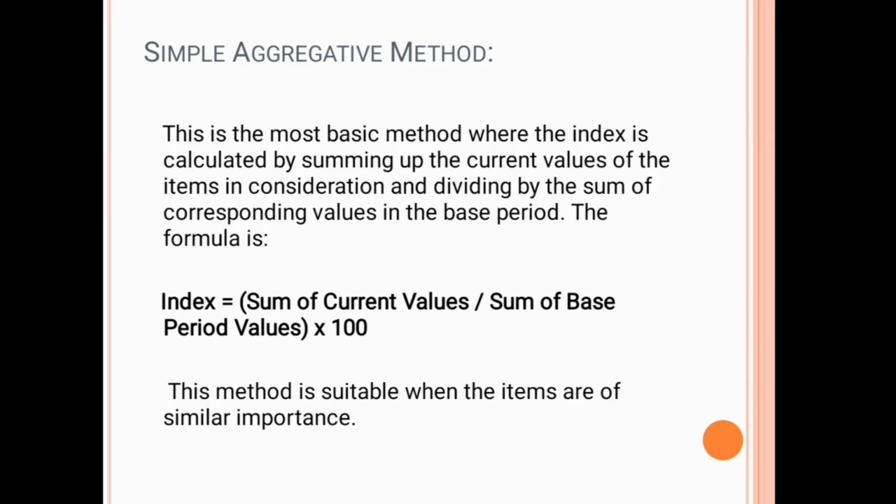The current prices will be P1, and the current quantities will be Q1. So the index is the sum of the current values divided by the sum of the base values into 100. So P01 is equal to sum of P1 divided by sum of P0 into 100. This method is suitable when the items are of similar importance.